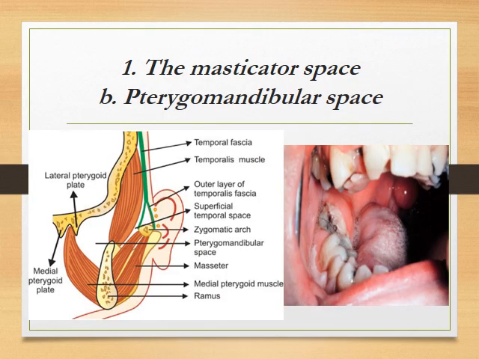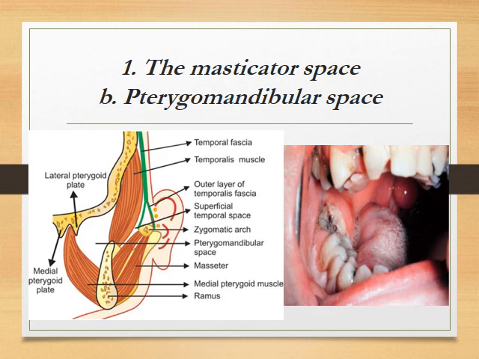The other and one of the most important secondary spaces is the pterygomandibular space. Why is this space important? Because it is the space into which the local anesthesia is injected during inferior alveolar nerve block.